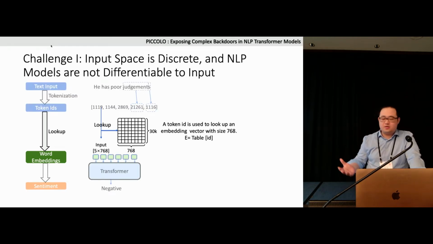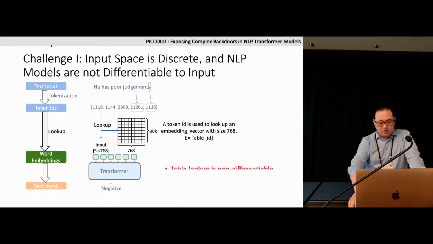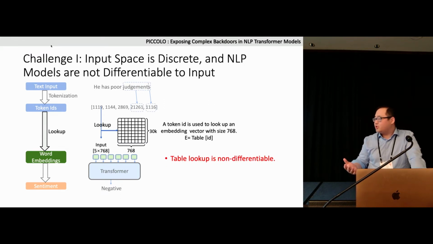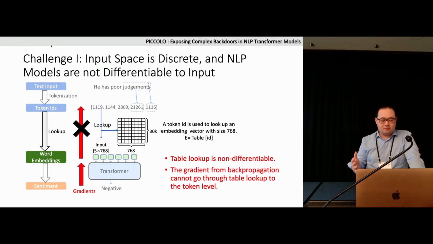This lies in the table lookup operation that maps the token ID to the embedding vectors. Note that this is an indexing operation and it is not differentiable. In trigger inversion in CV, we can just do gradient backpropagation from the output to the input. However, the gradient propagation in NLP cannot go through the table lookup to the token level.